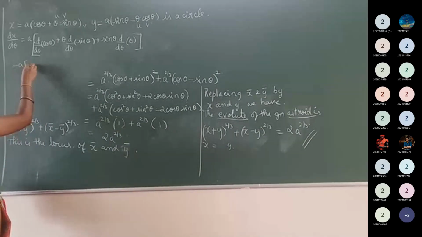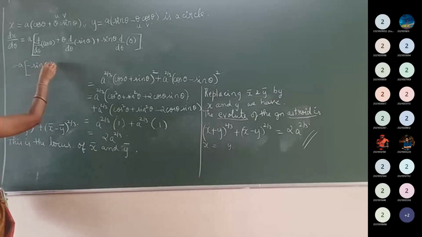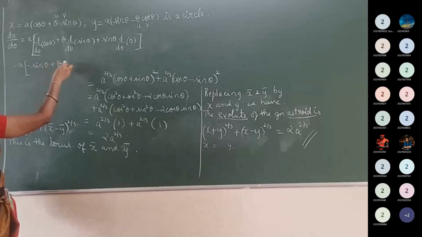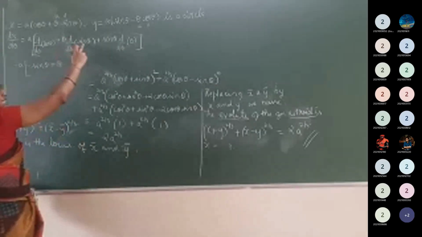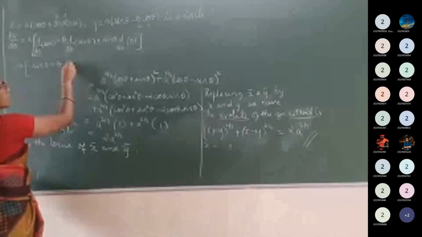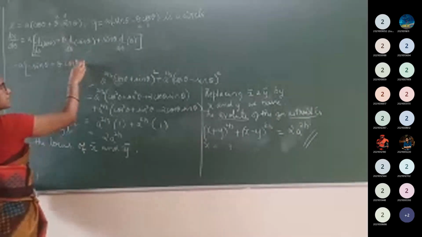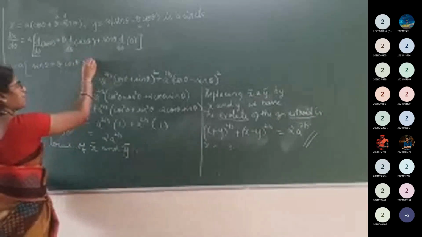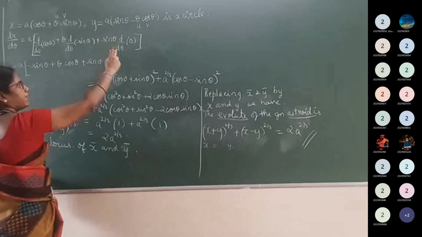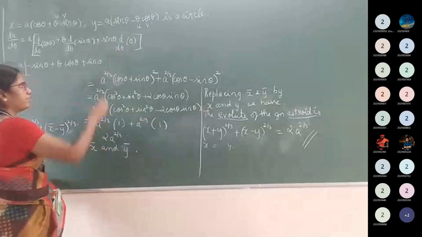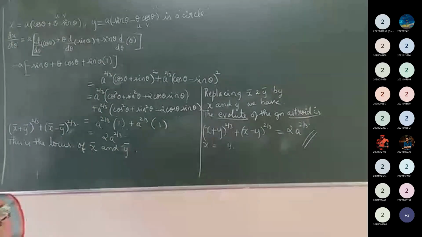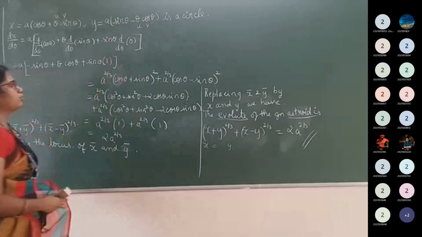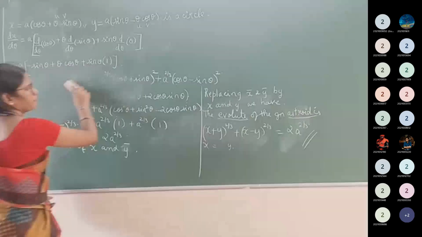A into minus sin theta plus theta into cos theta, plus sin theta times d by d theta of theta, which will be 1. Likewise, you can do y also.